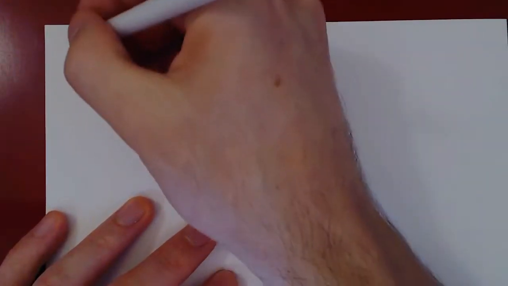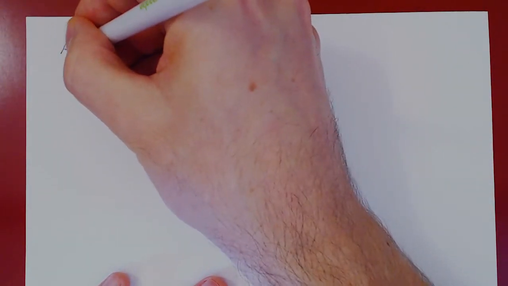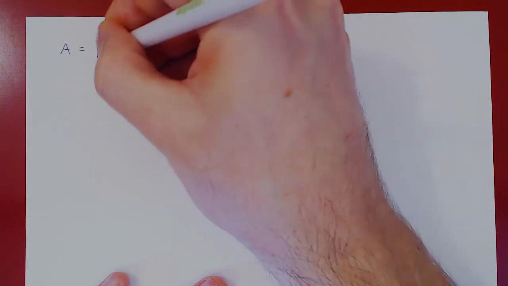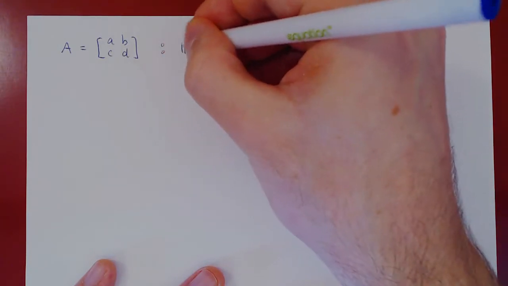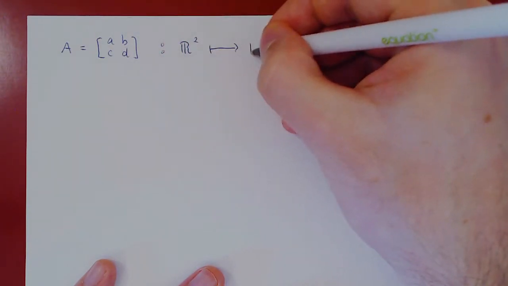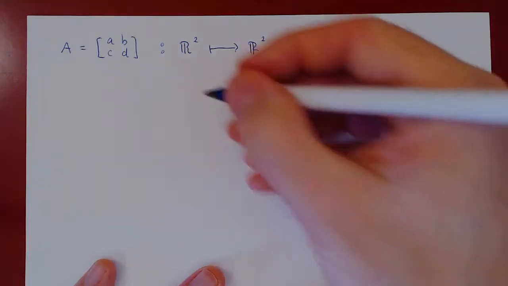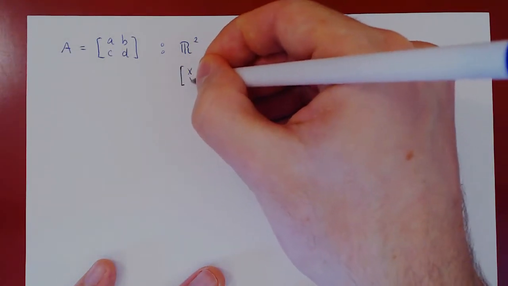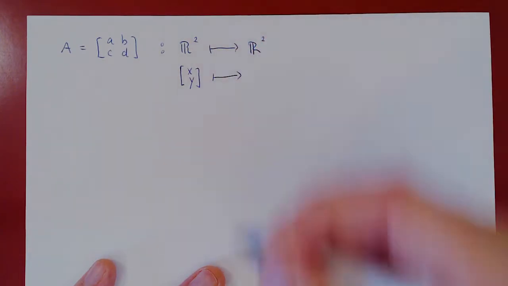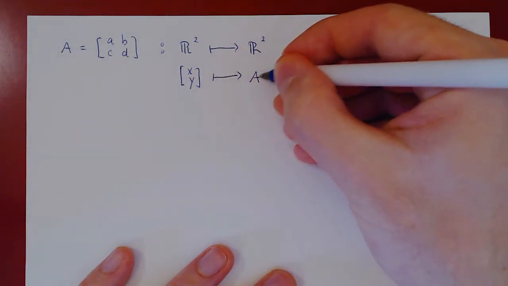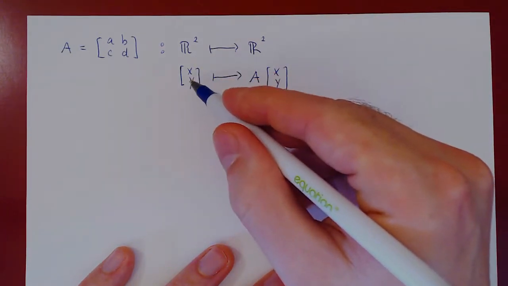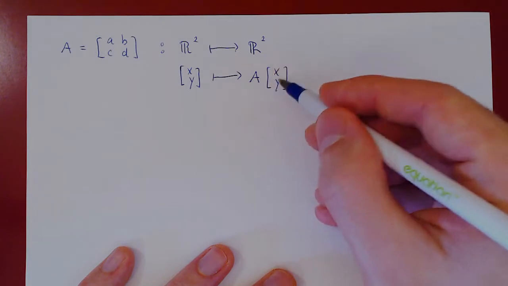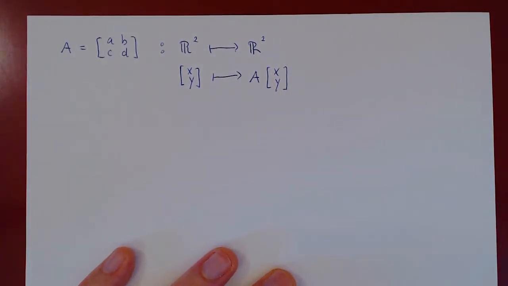So here's where we're at. So our matrix, say, is given by A, B, C, D, a 2 by 2 matrix, and this is a function now from R2, the xy plane, to the xy plane. And as we've said, the action is quite simple. We take a point in the xy plane, and we send it to the new point A times the point (x, y). So take every point in the xy plane, multiply those points by A, and you'll have a transformation of the xy plane.